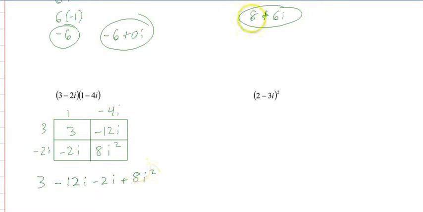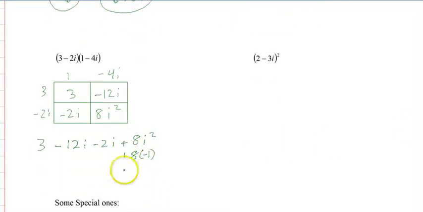Remember, these should always turn into complex numbers. So if you see the i squared is negative 1, which will now give us minus 8. We're still going to have just real parts and imaginary parts. So 3 minus 8 is minus 5, and then the imaginary parts, minus 12 and minus 2, minus 14i. So no matter how you multiply these, you should still end up with a complex number.